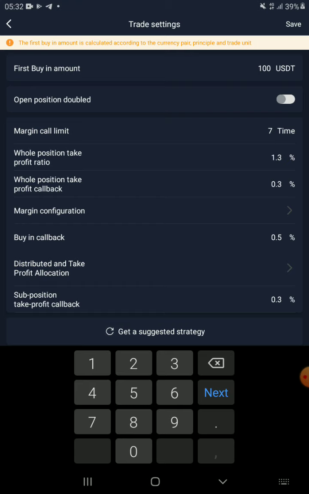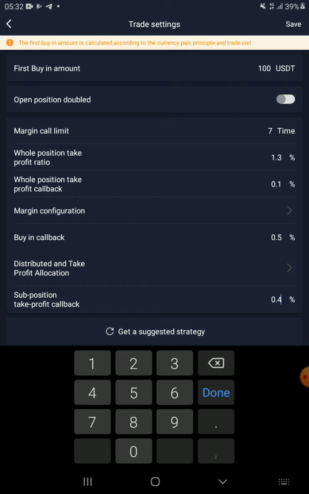So it will still give you profit even in that negative state. That's amazing, guys. So this one, we're going to set to 0.1. Yes, I'm going to set this to 0.1 and leave the rest as it is.